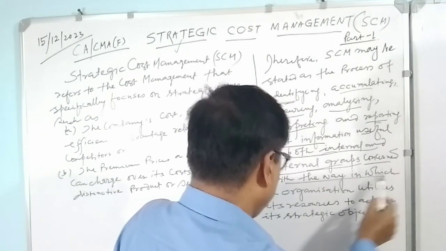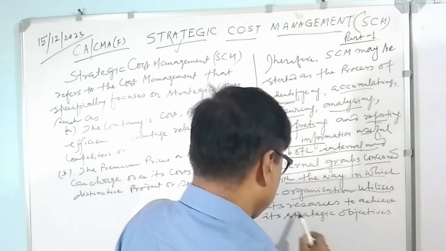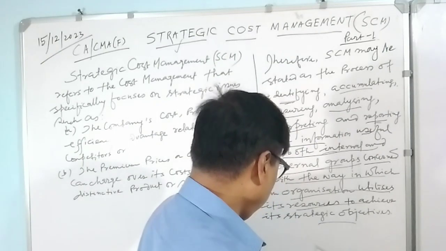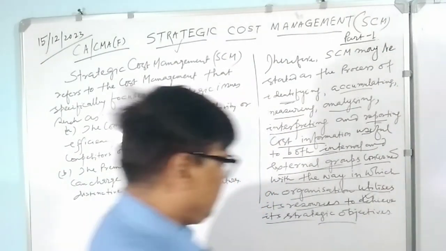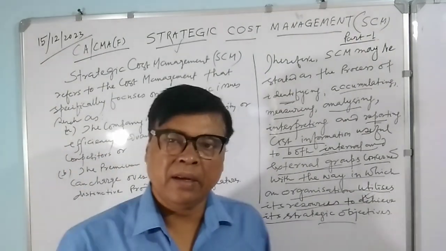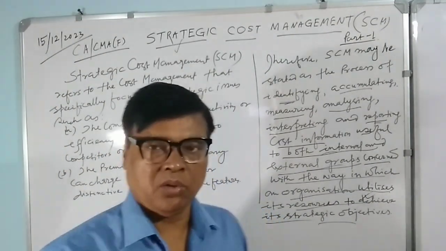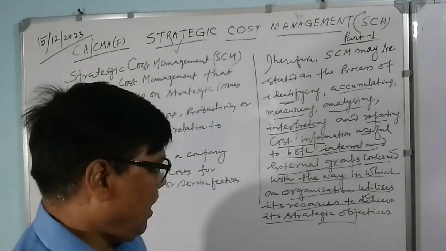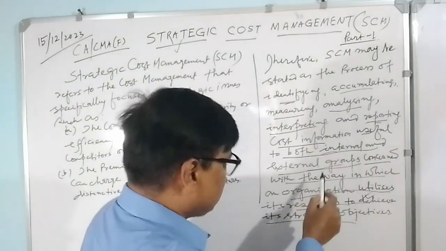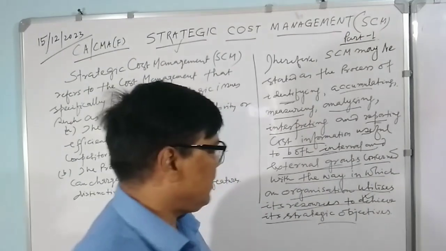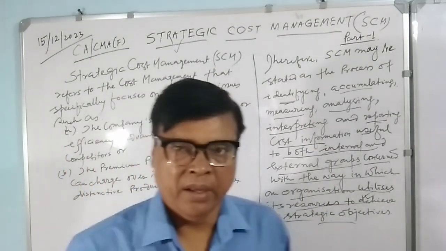Concerned with the way in which the organization utilizes its resources to achieve its strategic objective. You see, ultimately you are to fulfill your strategic objective. In order to do that, you are to understand your internal and external groups concerned.